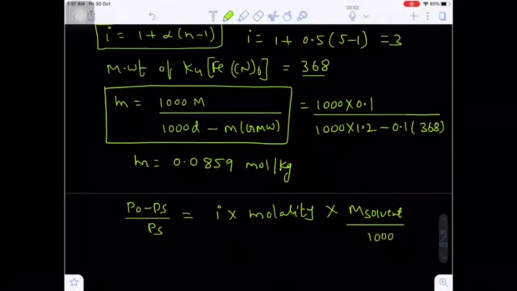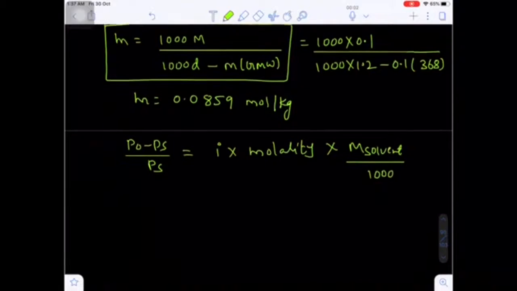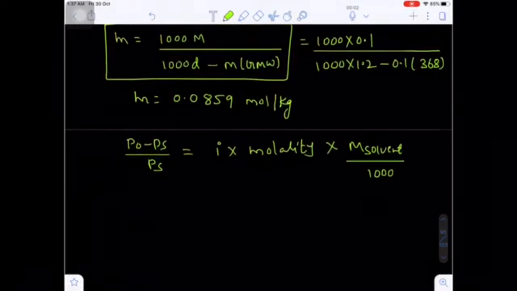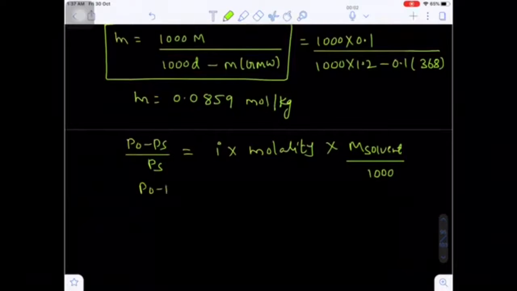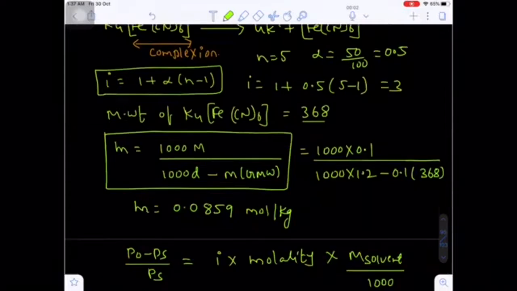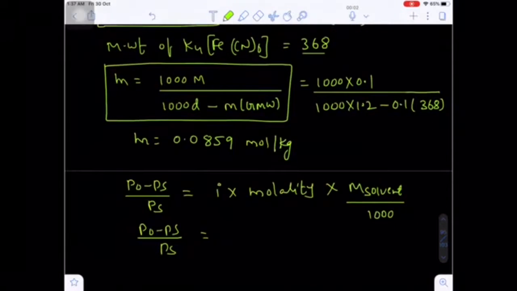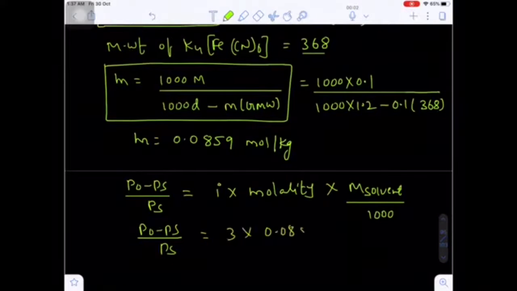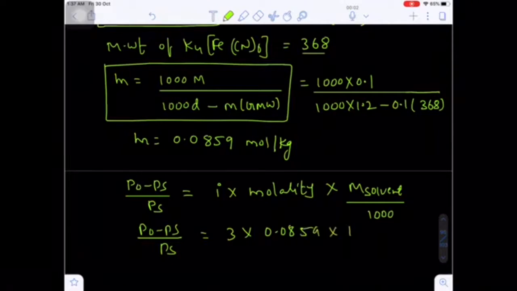Why am I taking the iota value? Because the solute is an ionic species which is undergoing ionization. Yes or no? Now here (P naught minus PS) by PS will be equal to the iota value 3, into the molality 0.0859, into the molecular weight of solvent water, 18, whole divided by 1000.